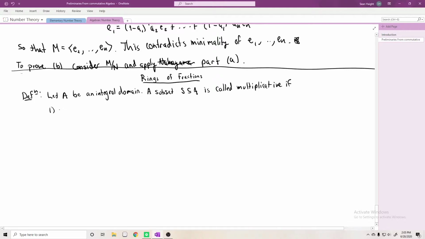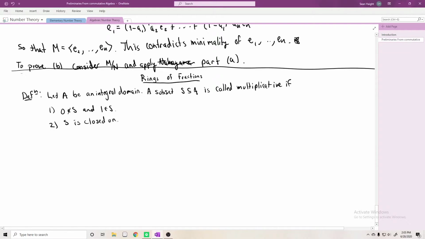The first condition eliminates trivialities: it just says that 0 is not in S and 1 is in S. The second condition says that S is closed under multiplication, and this is the more important condition.